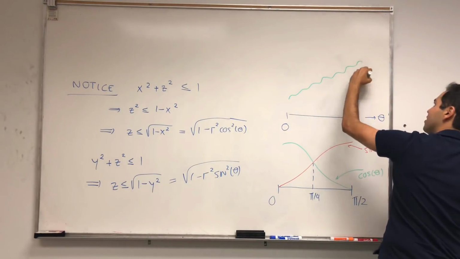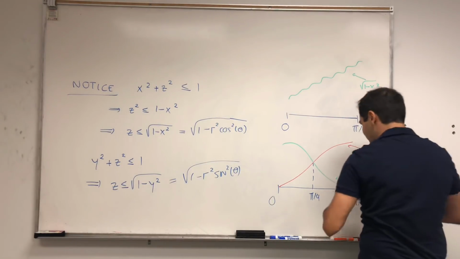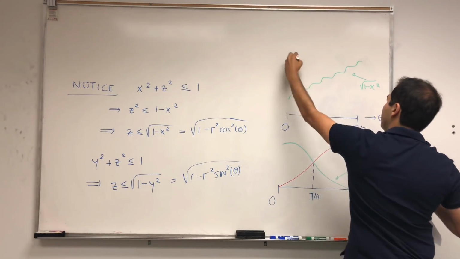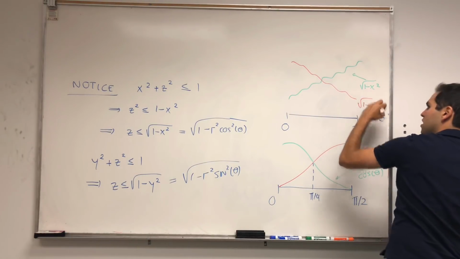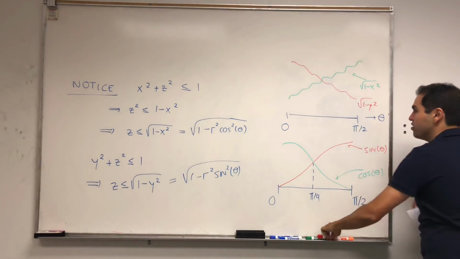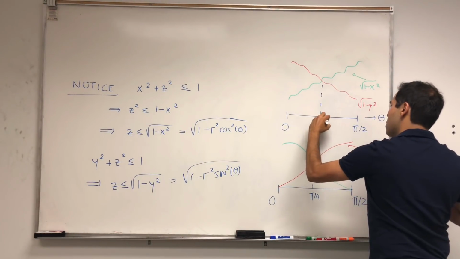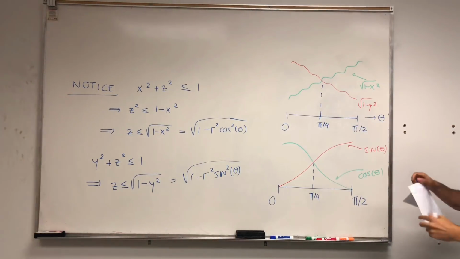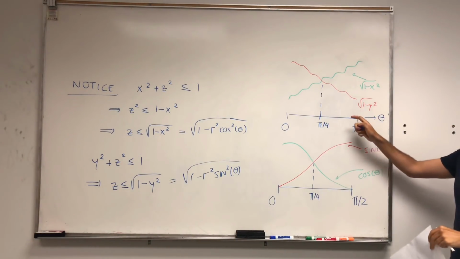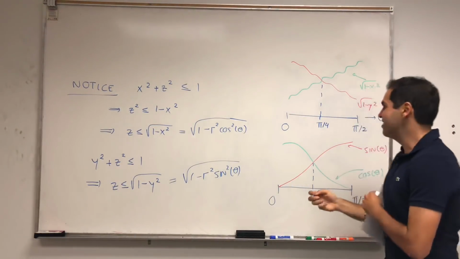So suppose this is the square root of 1 minus x squared, and this is the square root of 1 minus y squared. On the interval 0 to pi over 4, indeed, the square root of 1 minus x squared is less than the other function. And remember, we want to find the smallest one between the two.